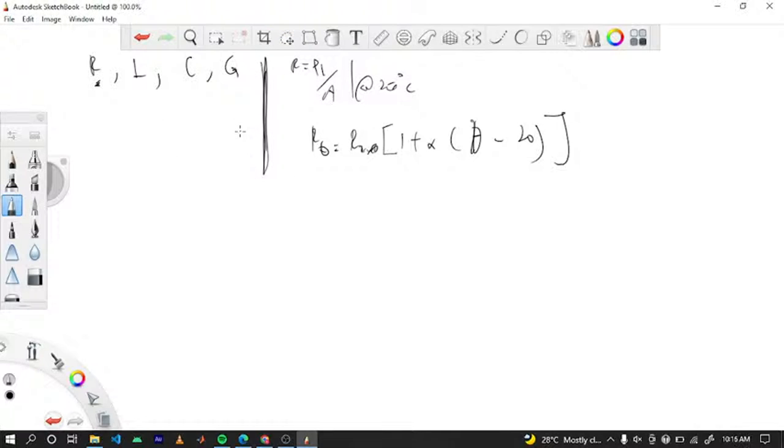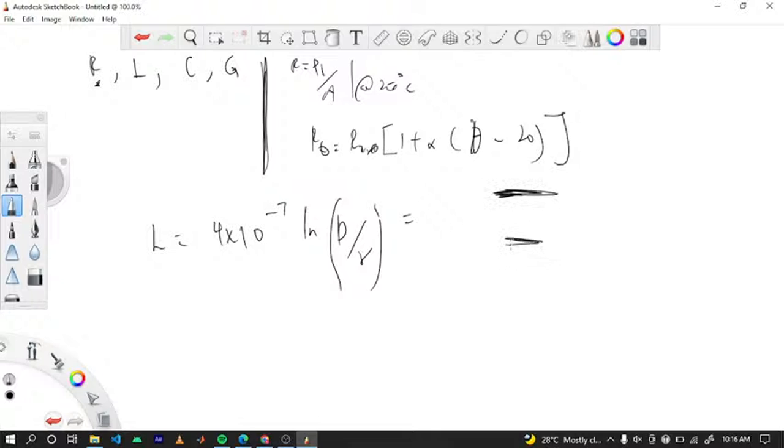Now let's see the L. The L is given by 4 times 10 to the negative 10 ln D over R, where D is the distance between conductors and R is the radius of the conductor.